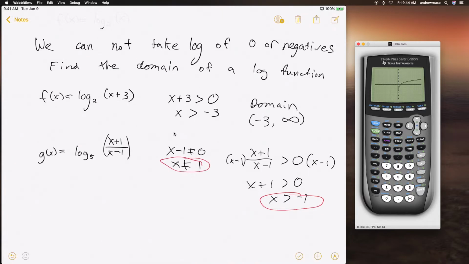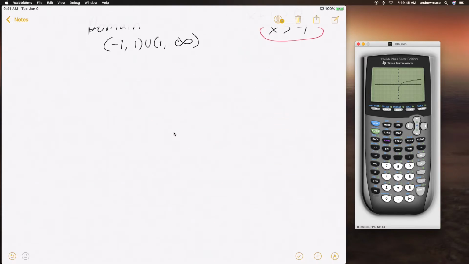So the domain of this guy is going to always be greater than negative 1, and it messes up at 1 and goes to infinity. Okay, now let's look at some special forms, special logs.